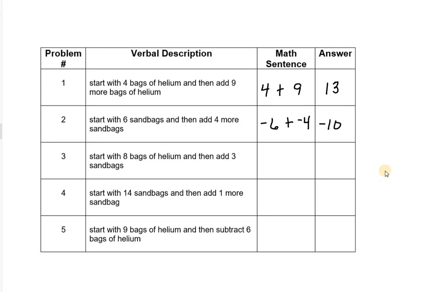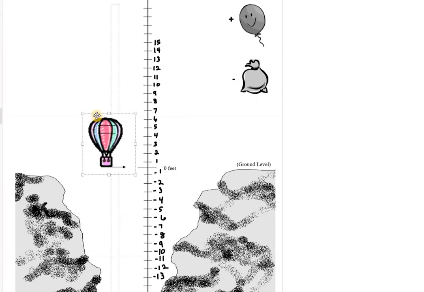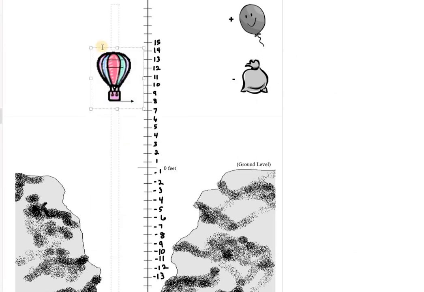Problem number 3, I'm going to start with 8 bags of helium, so that's positive 8. And then I'm going to add 3 sandbags. So add negative 3. Okay, starting with 8 bags of helium, so I'm up here at 8, and when I add 3 sandbags, my balloon goes down, and it's going to go down 3, so I'm going to end up at 5.